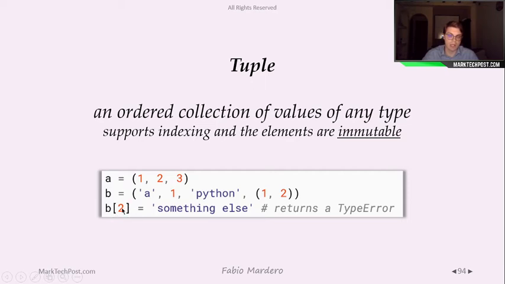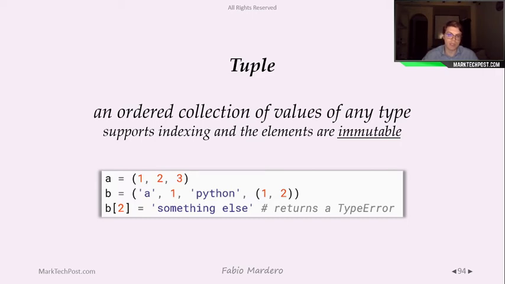I'm selecting the third element because this is the 0th, the first, the second, and the third one, which is a tuple itself. So here I want to change the value of Python to something else. I cannot do that in a tuple because it is immutable.